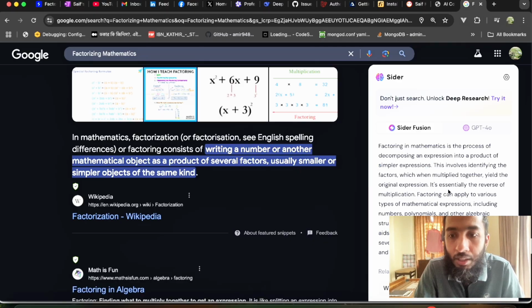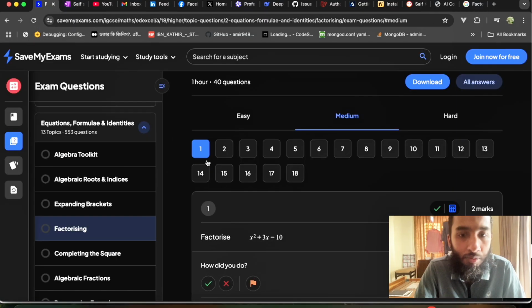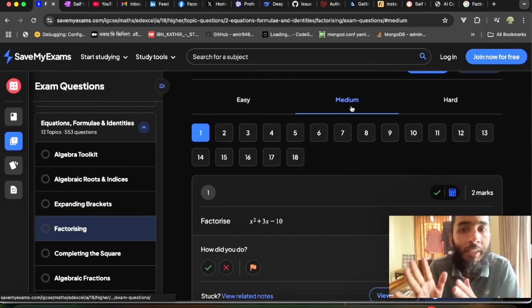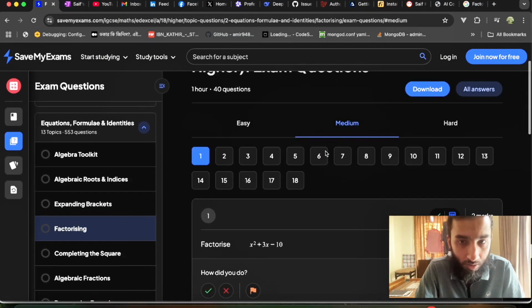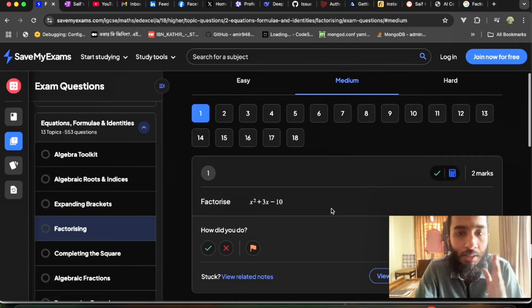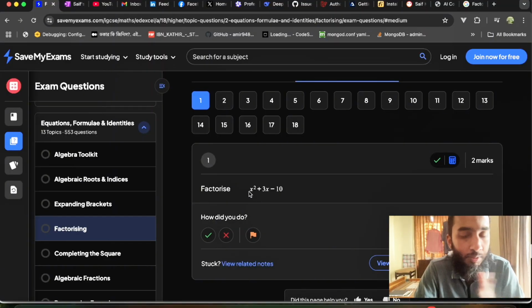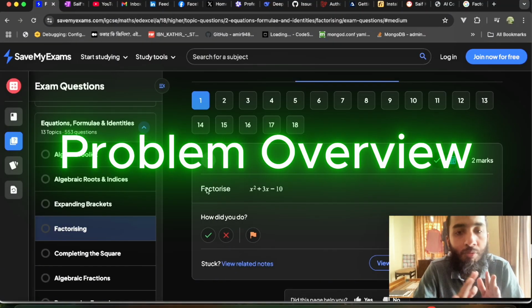Okay, so if I do a demo, I'll focus on the medium category of this question. There are three categories: easy, medium, hard. I'll focus on the first problem just to give one demo. There is one mathematical expression, x squared plus 3x minus 10. Factorize that.